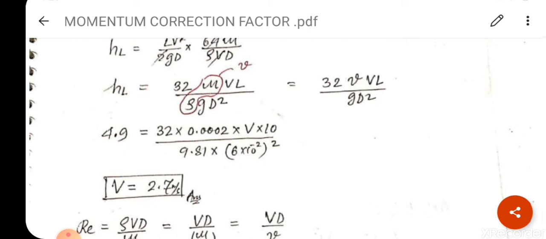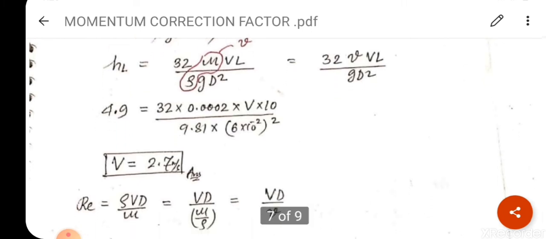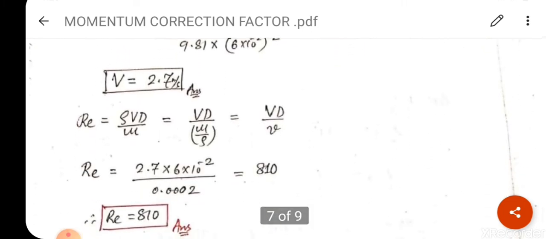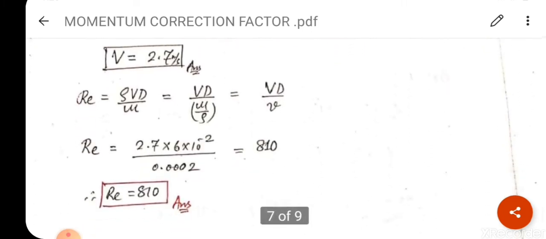So value is given in the question, that is 0.002 into V. We have to find velocity, that is V, into length is given in the question, that is 10. G value is 9.81 and D value is 6 into 10 raised to minus 2 whole square. So we will get the final answer as V is equal to 2.7 meter per second.